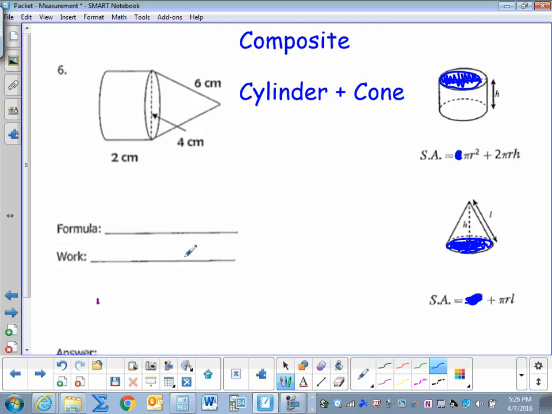And let's rewrite the formula then. We have pi times radius squared plus 2 pi radius times height plus pi times radius times the slant height.